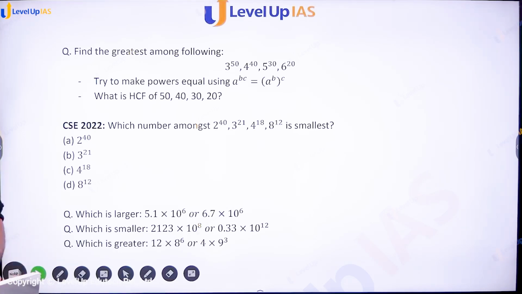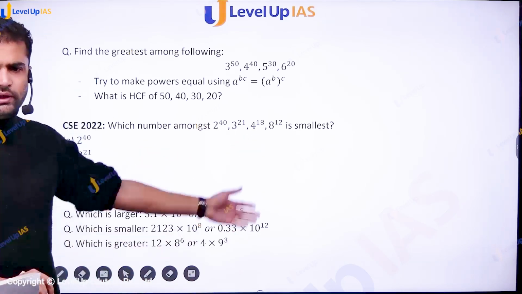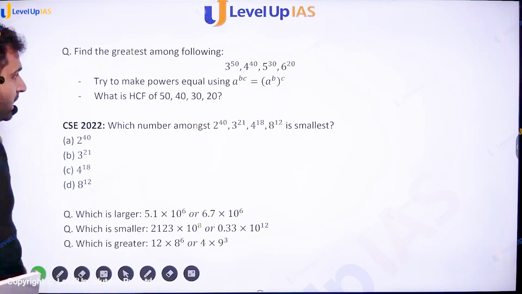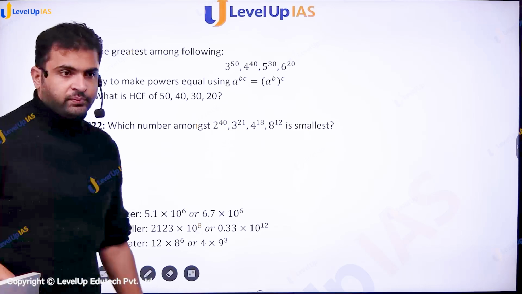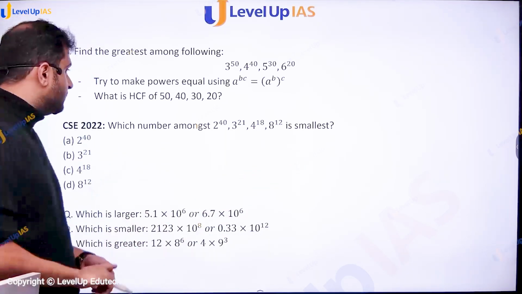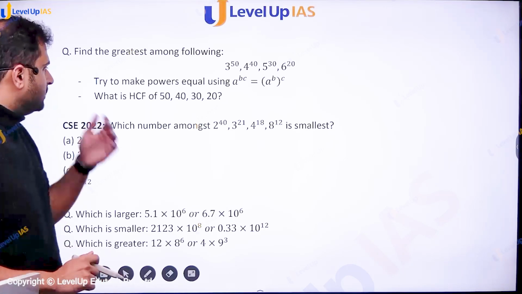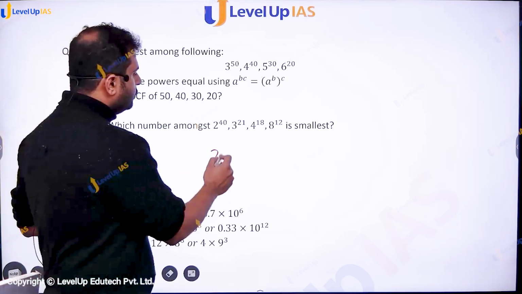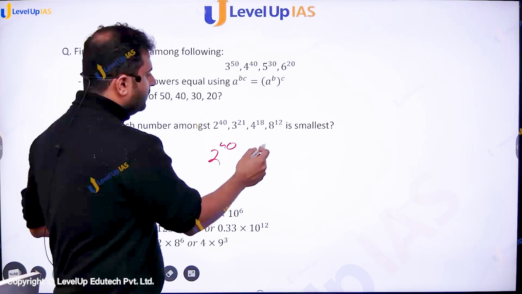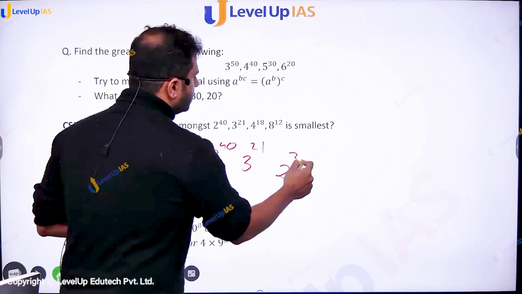First thing we can see is that 4 and 8 are powers of 2. So we can firstly convert them into powers of 2 and compare these three directly, because the base would be the same, so the higher the power, the higher would be the number. So 2 to the 40, 3 to the 21, and this would be 2 to the 36.